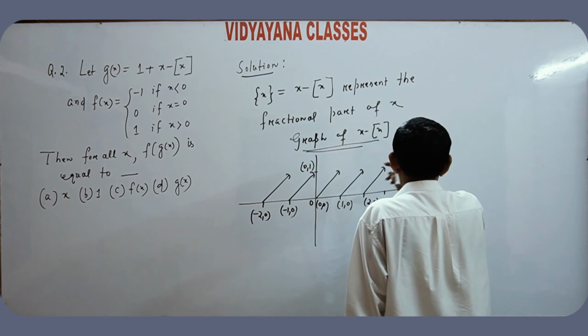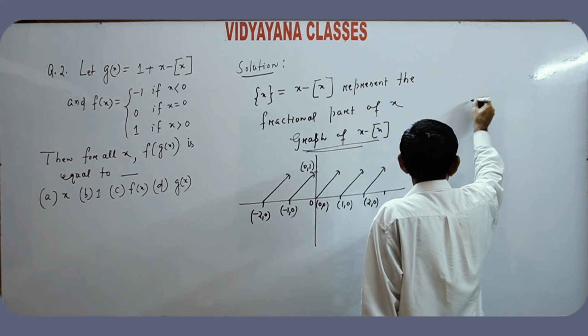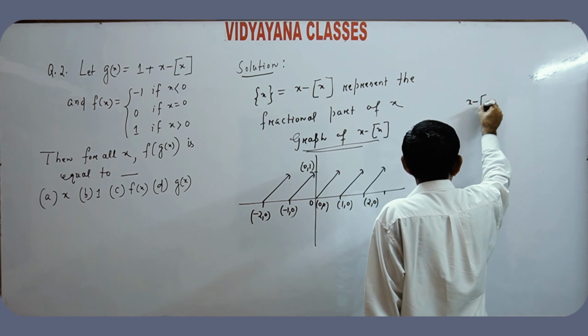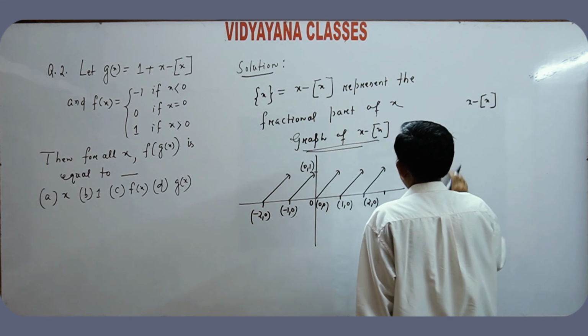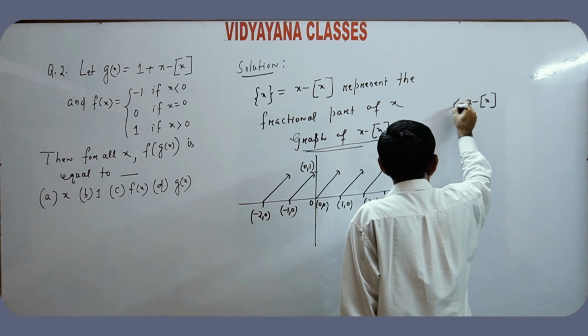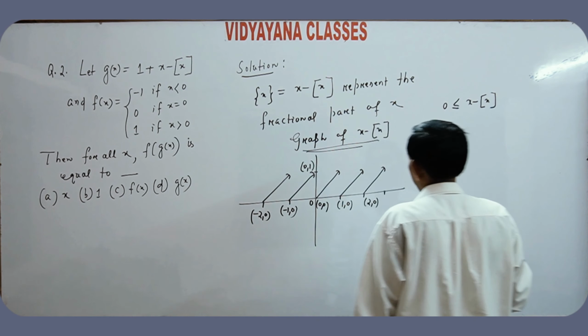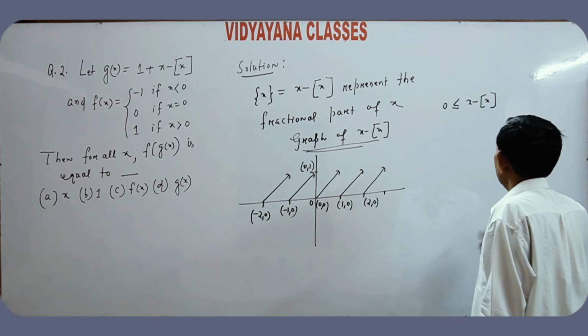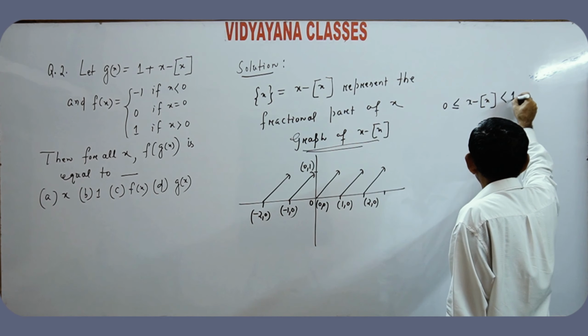The graph shows x minus [x] is greater than or equal to 0 and less than 1.